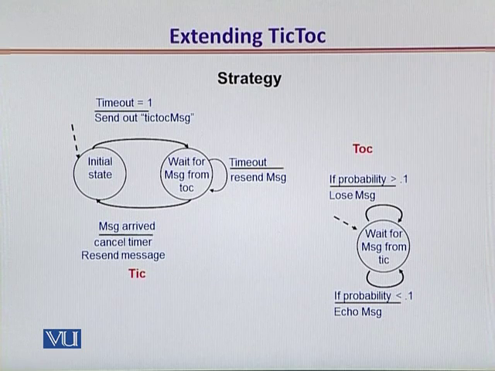If the packet arrives and the loss probability is such that it is less than 0.1, it means the packet would not be lost. And then TOC is going to receive it. It is going to echo it back. When it echoes it back, TIC is going to receive the message in time, and as I said earlier, it is going to cancel the timer.